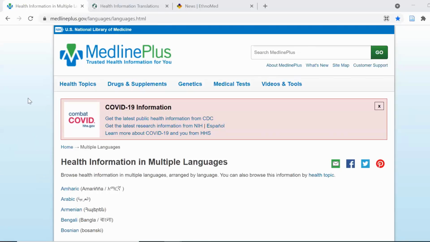And you can explore its variety of other resources about health topics and all the information it provides there, which is also very high quality in the resources that they draw from.